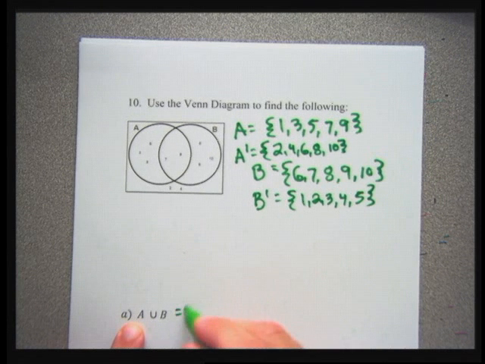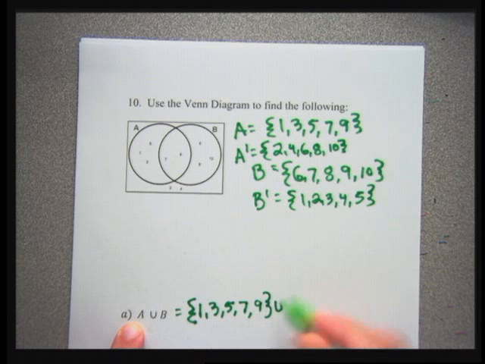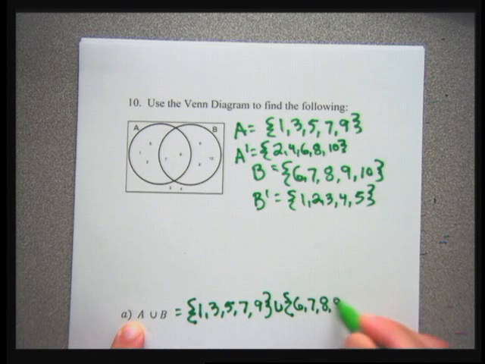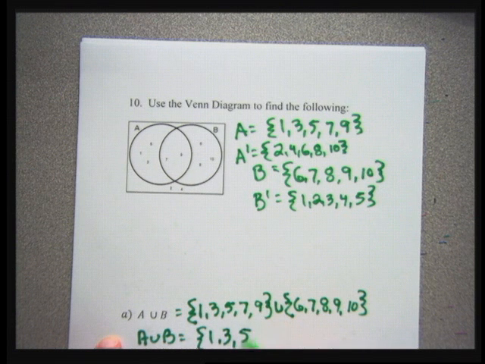The first one, doing A union B, I take the set A, which is 1, 3, 5, 7, and 9, union that with the set 6, 7, 8, 9, and 10. And when I union two sets, I take the contents of the left set, which in this case is 1, 3, 5, 7, and 9, and I add anything that the right set has that I haven't included.